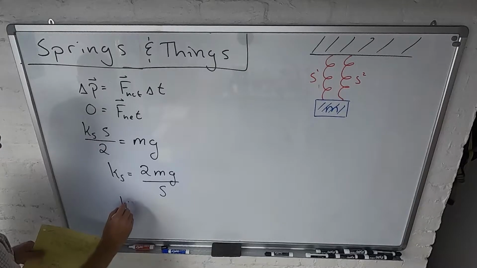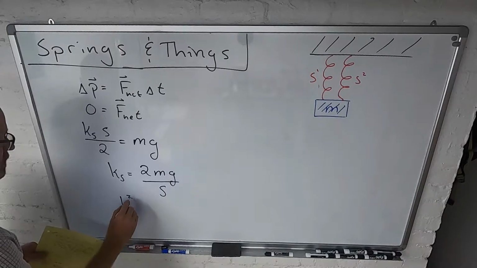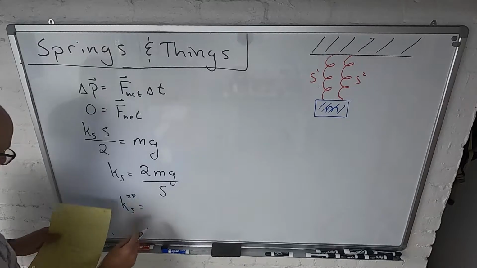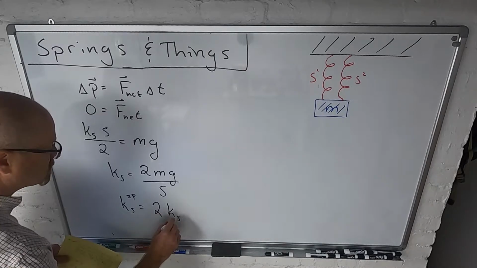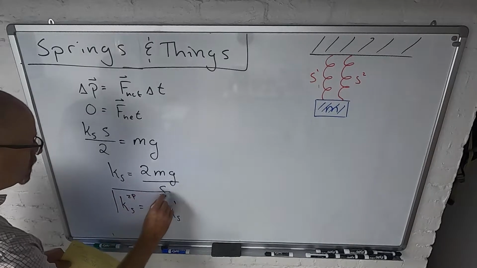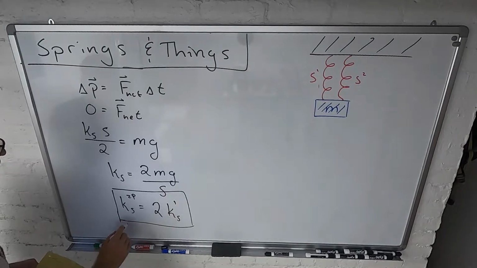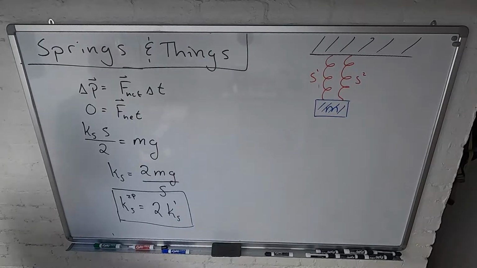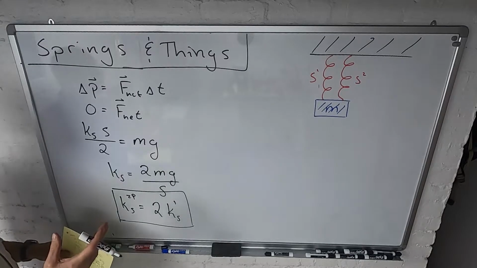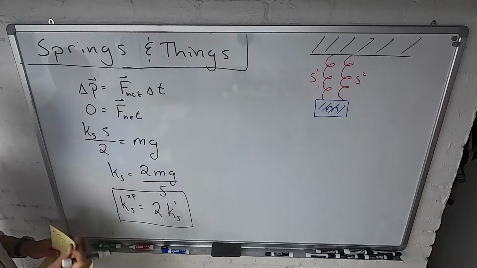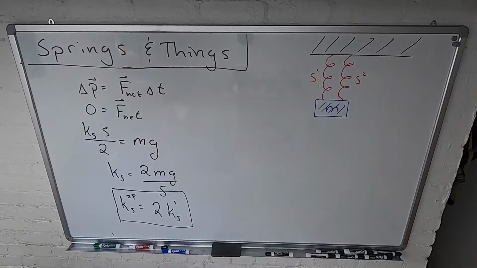So Ks for two springs in parallel is going to look like 2 times Ks for one spring. Now that's a very short and quick determination, but now we're going to actually go through and derive the mathematical formulas for how to do this in both cases.